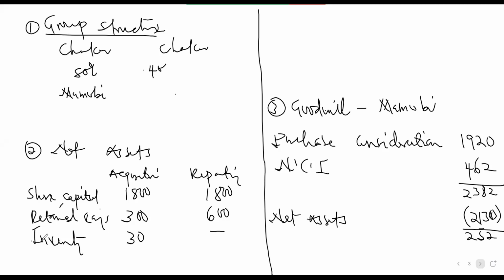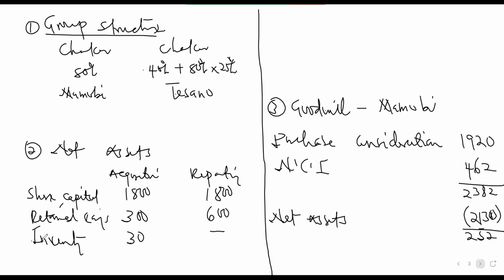So it will be 40% plus 80% times 25%. Do you agree? Yes. So it means that the parent will have 80% of the 25%. Any profit that will come from Tesano, Mamobi will take 25%, and that 25% will be shared among the parent and the NCI. So the parent will have 80% of it, then the NCI will have 20% of it.